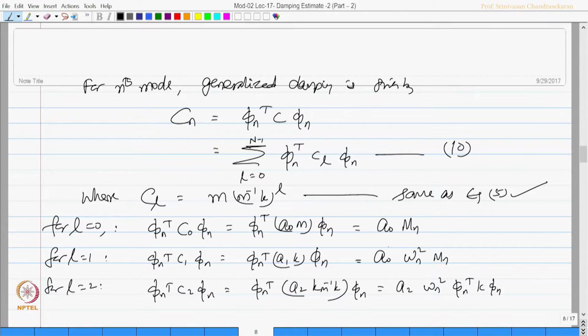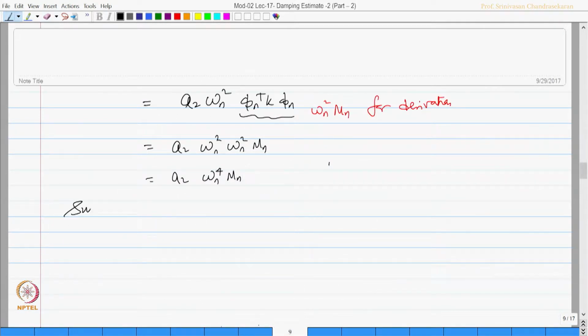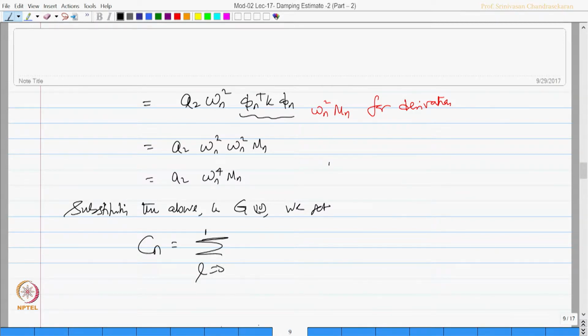So, substituting for L equals 0, 1 and 2 in equation 10, we get C n will be summation of L equals 0 to n minus 1.